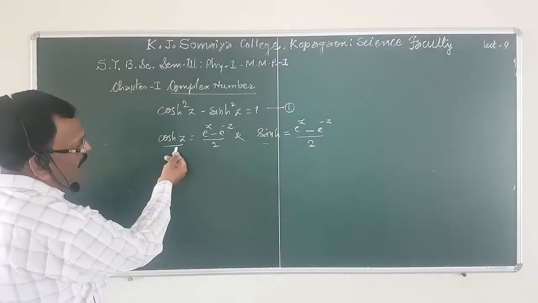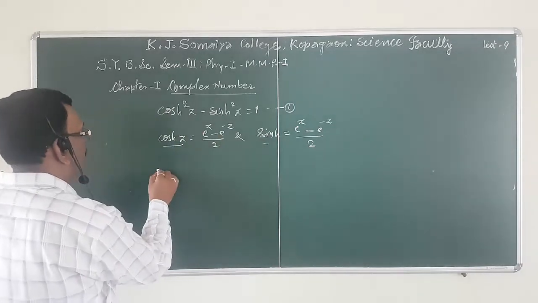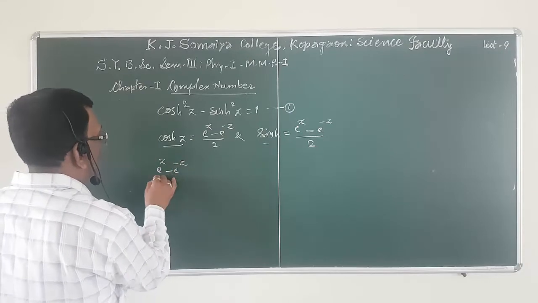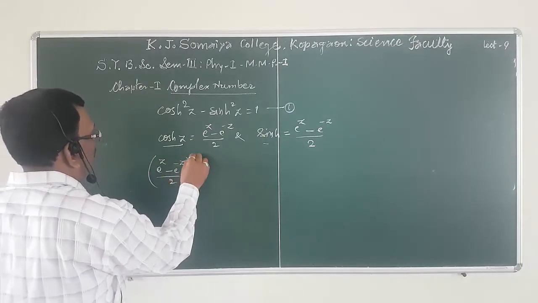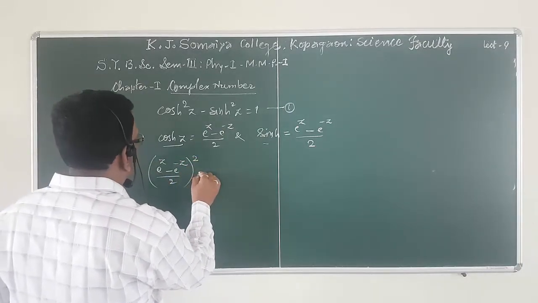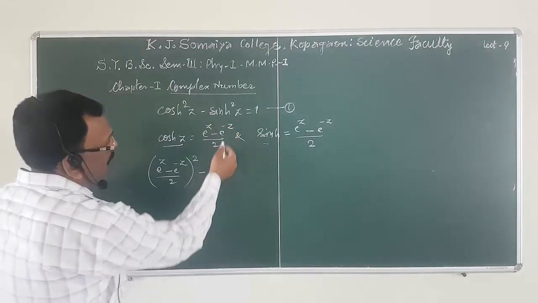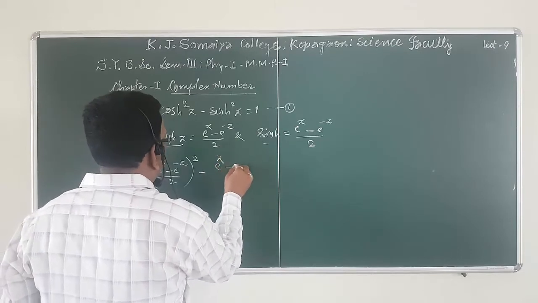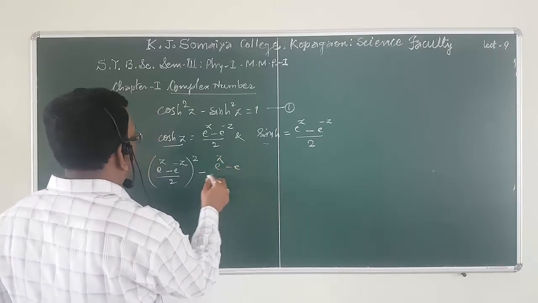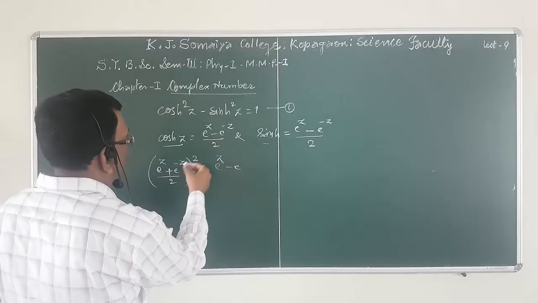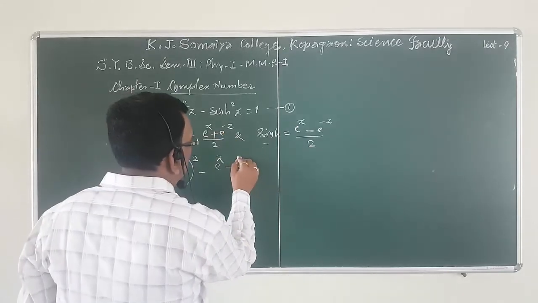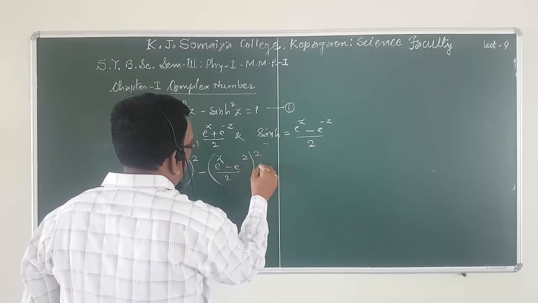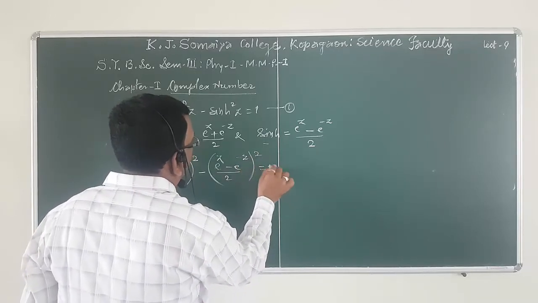By substituting the value of cosh z and sinh z, we have (e raised to z plus e raised to minus z upon 2) whole square minus (e raised to z minus e raised to minus z upon 2) whole square is equal to 1.